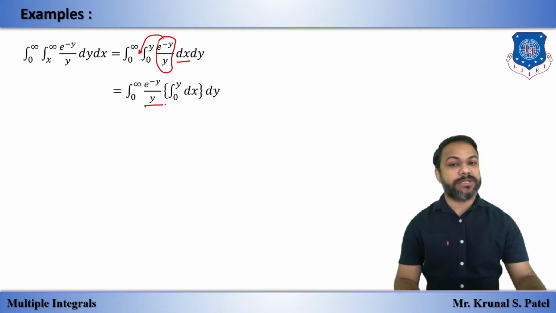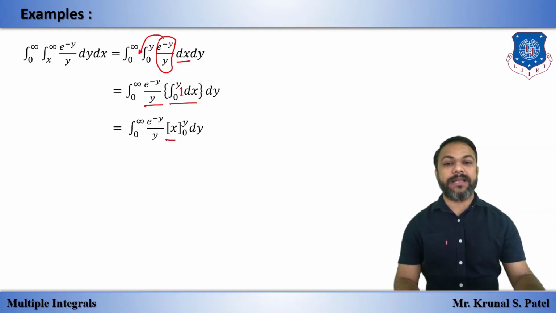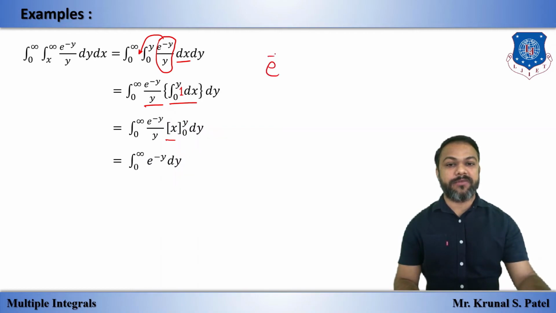So we have integration from 0 to y of 1, and the integration of 1 with respect to x is x, with limits 0 to y. Upper limit minus lower limit, y minus 0, is y. By cancelling this y, we have e raised to minus y.